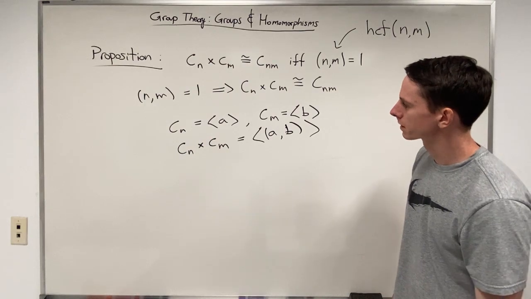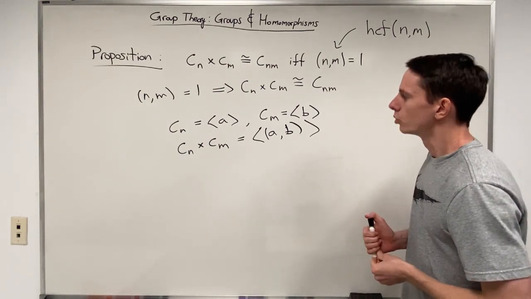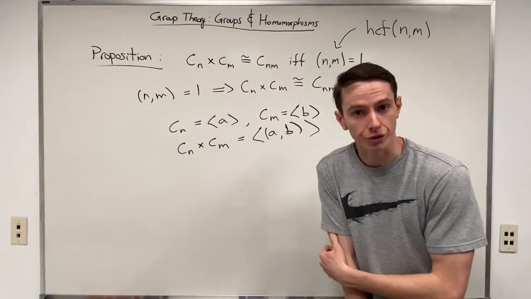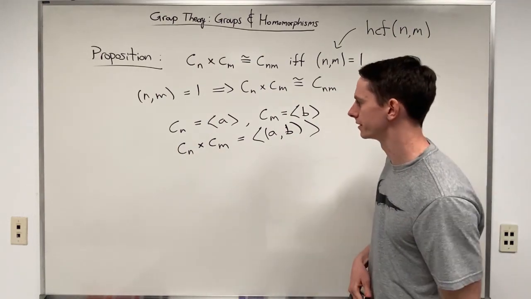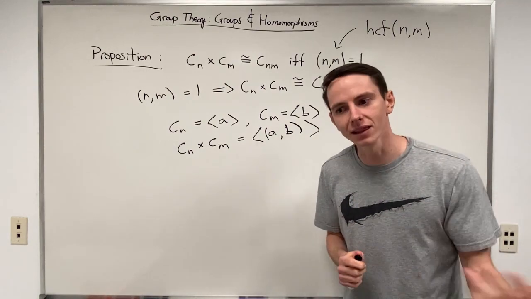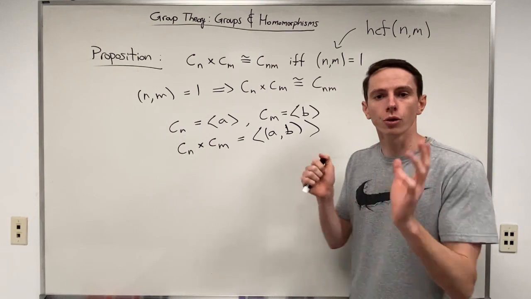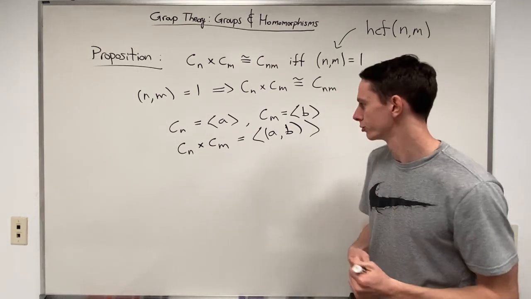Okay. And let's also introduce some additional notation. Let's remind ourselves what it means to have the order of a group. The order of a group describes the number of elements that are associated with a group. And the order of the group is related to the order of an element of a group, right?